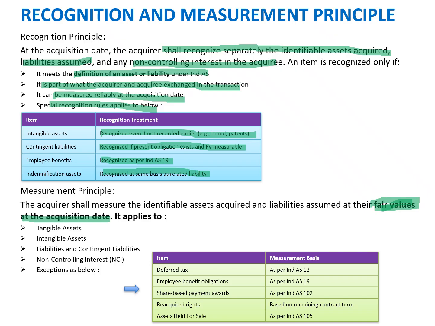It applies to tangible assets, intangible assets, liabilities and contingent liabilities, and non-controlling interest, but there are some exceptions. What are those exceptions? We'll look at them. But before that, we have to make sure of the two important concepts on the recognition and measurement principle: that measurement has to be at fair value and at the acquisition date.